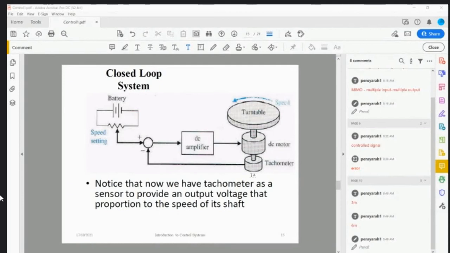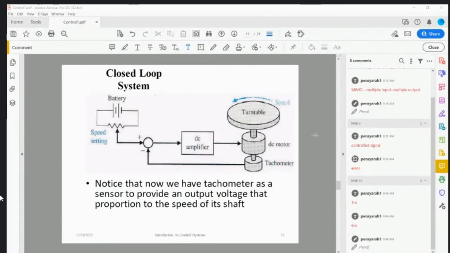We use the tachometer to measure the actual speed of the DC motor, so that the controller will be able to increase or decrease the voltage to the DC motor due to the error between the actual speed and the setting speed.